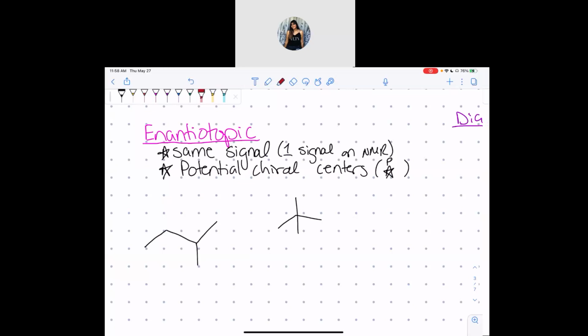In this example, these two methyls are symmetrical, even though the overall molecule is not symmetrical. Does that make sense? We'll do a lot of problems like this, but I just wanted to make sure you were familiar with it. All right, cool. For the purposes of what we're doing now, the symmetry doesn't matter.